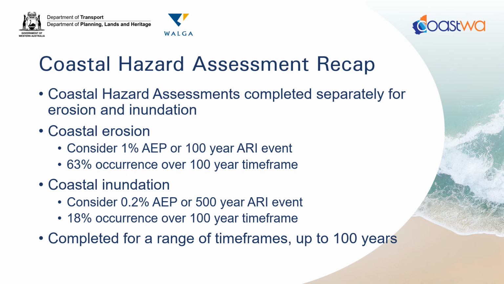So when we look at this, that's a key distinction because we're assessing the risk ultimately, so the likelihood of these events occurring in combination with consequence and vulnerability. So when there's a big difference in the likelihood of the events that we're considering as our design events, we obviously need to take that into account for our assessments.